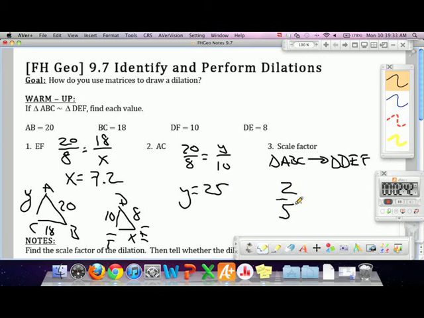You can think of this as taking the length in the image and dividing it by the corresponding length in the pre-image.